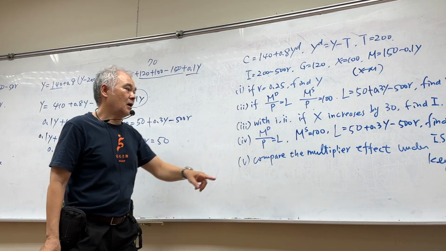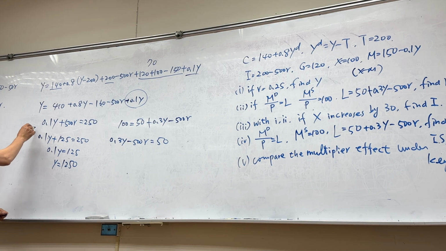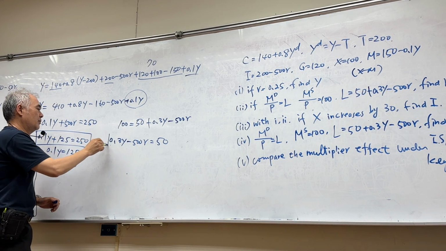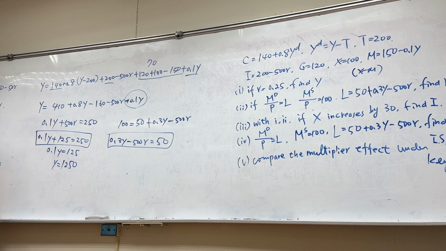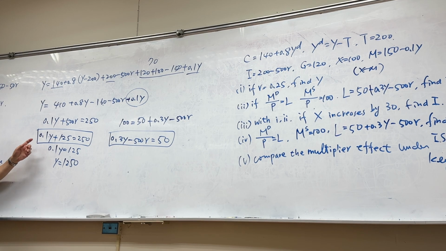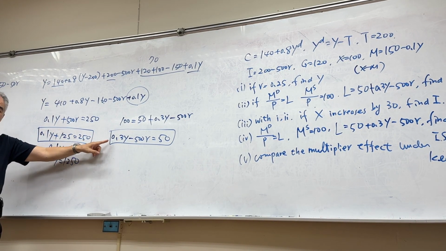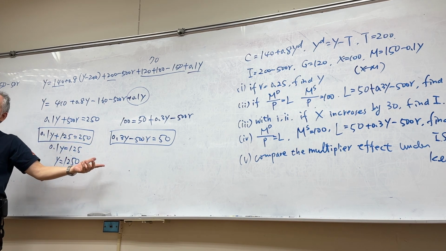Find R. Okay, how to find R? So this is the IS curve, right? Okay, this is the IS curve. And this is the LM curve. The only way to find out R and Y is to combine the IS curve and the LM curve. We get what we call simultaneous equations.